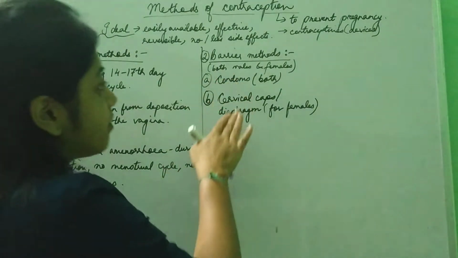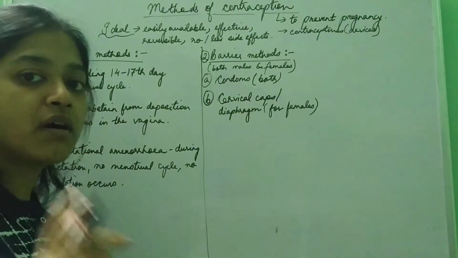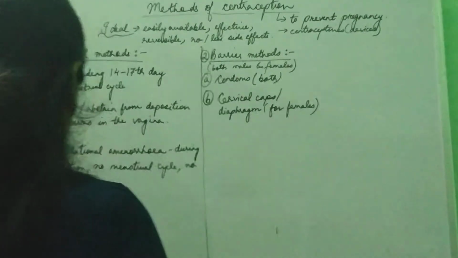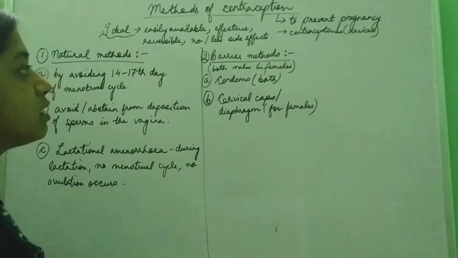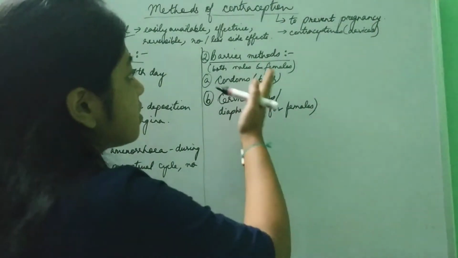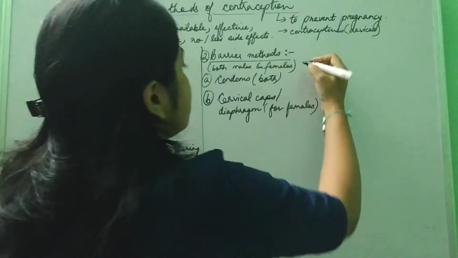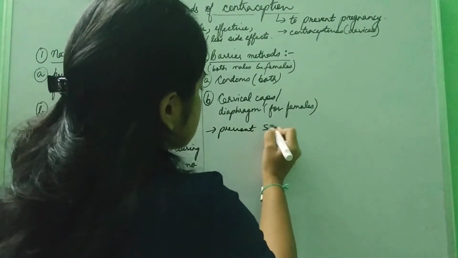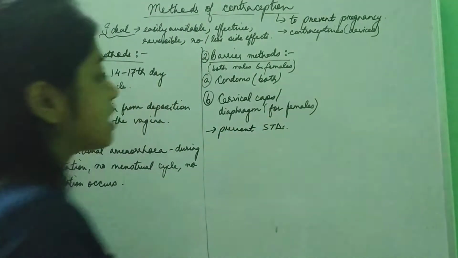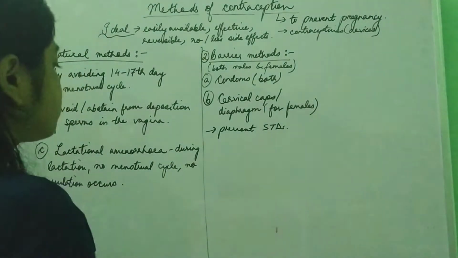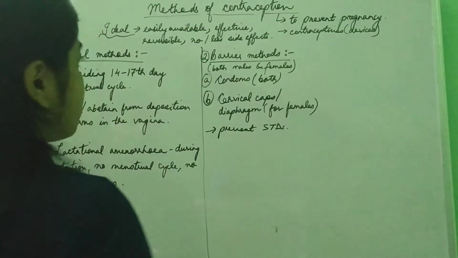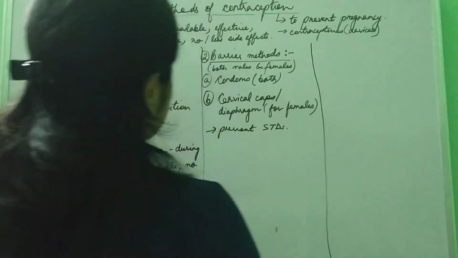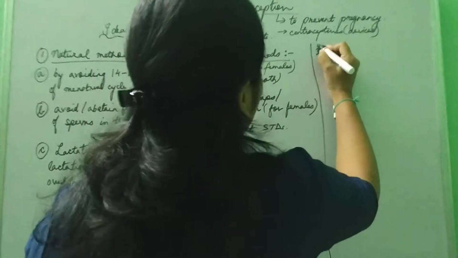They do not allow the sperm and egg to come in contact. One very important thing, these barrier methods are most common and they help to prevent sexually transmitted diseases. They prevent STDs. So after barrier methods, we have intrauterine devices, IUDs.